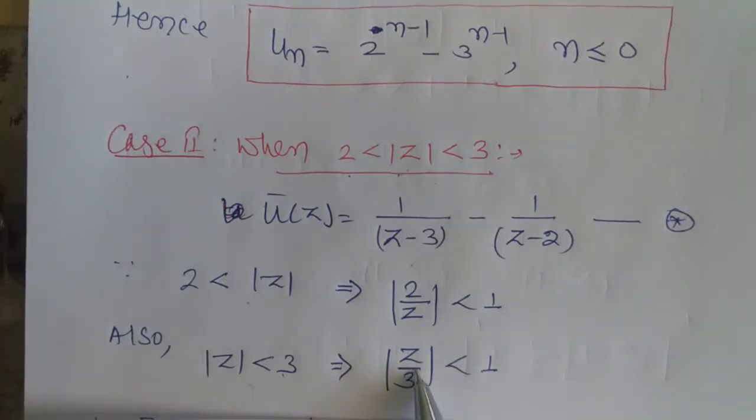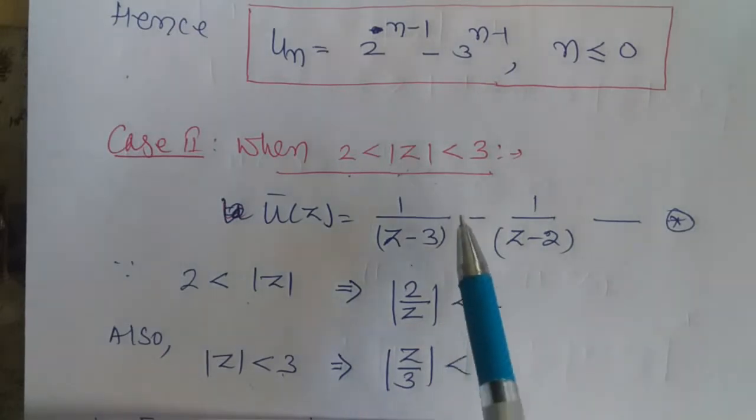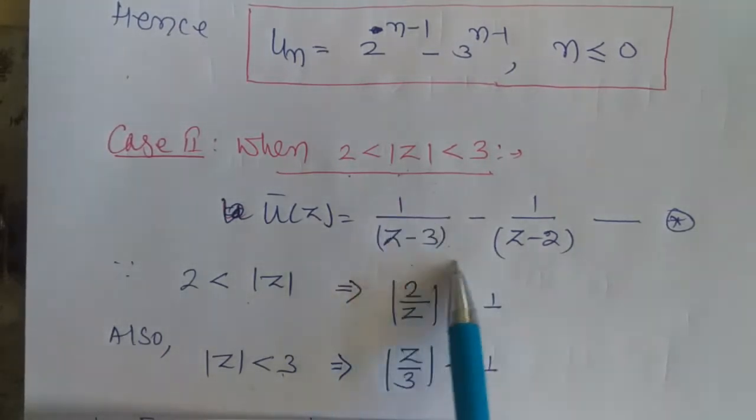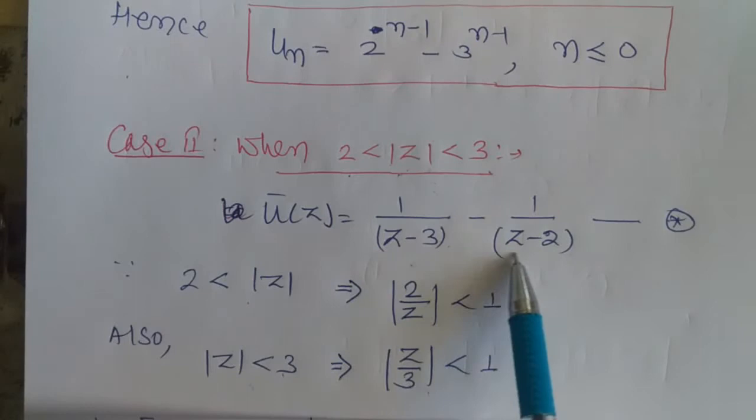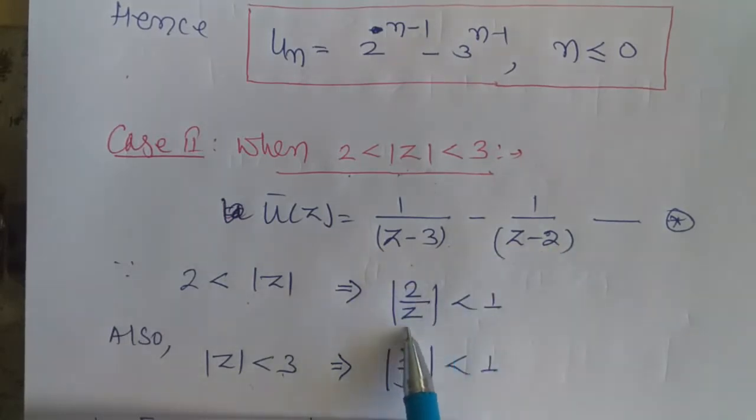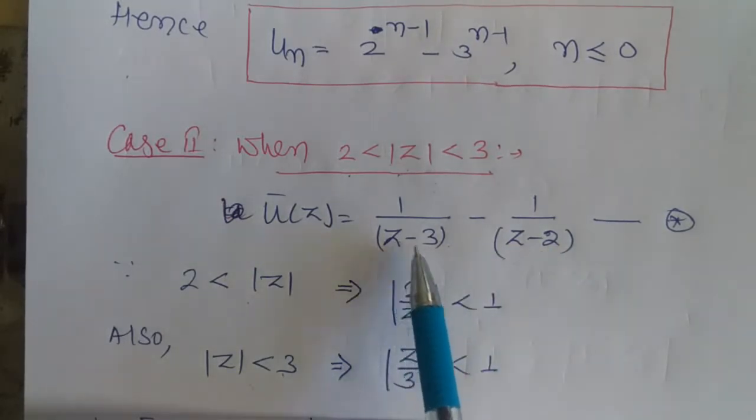And therefore, we expand this expression in terms of Z by 3. So, region of convergence suggests that we have to expand this expression in terms of 2 by Z and this expression in terms of Z by 3.